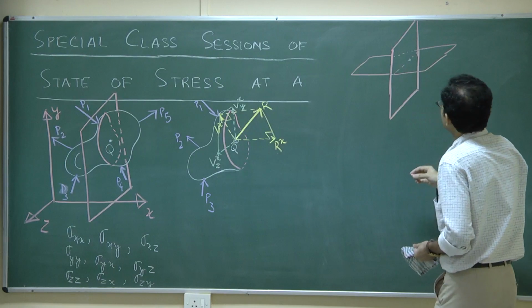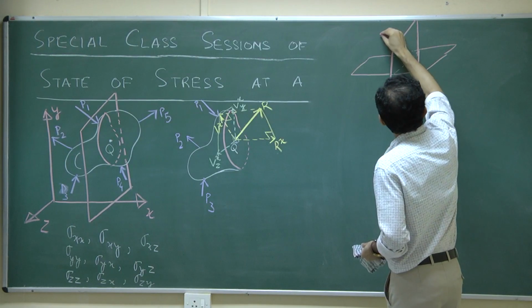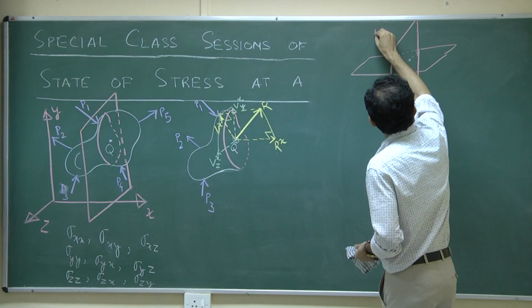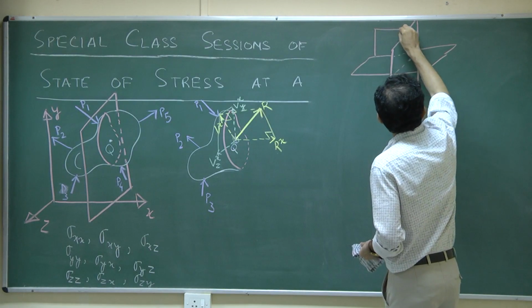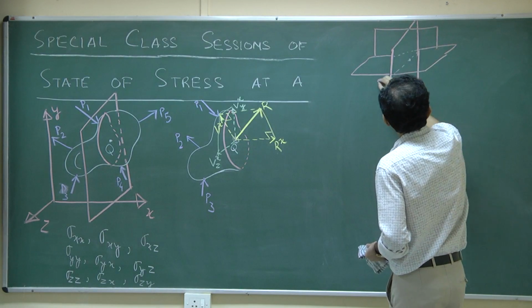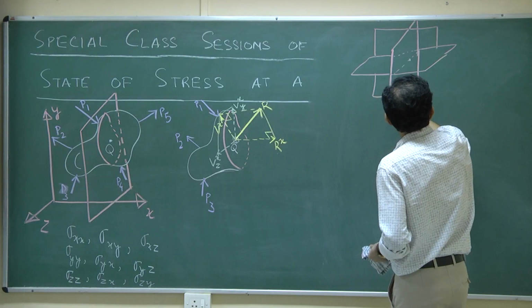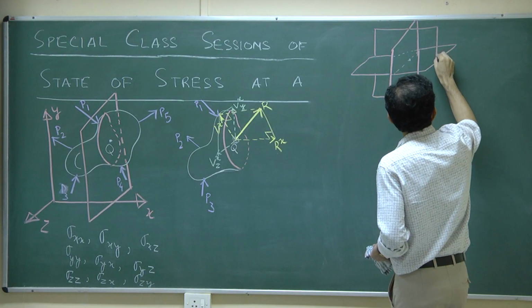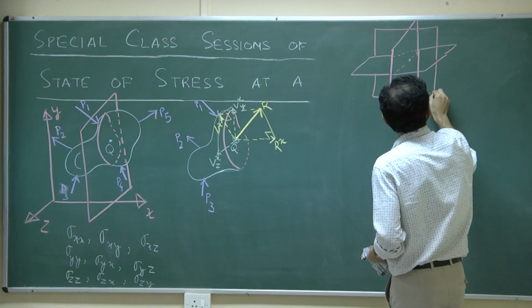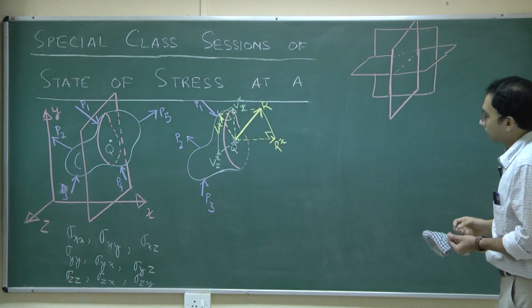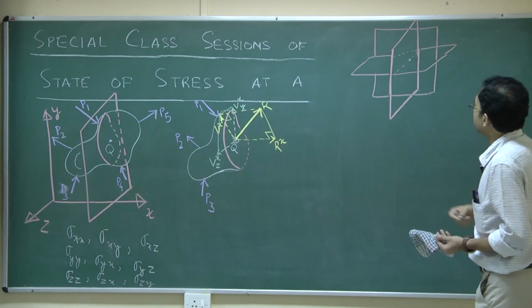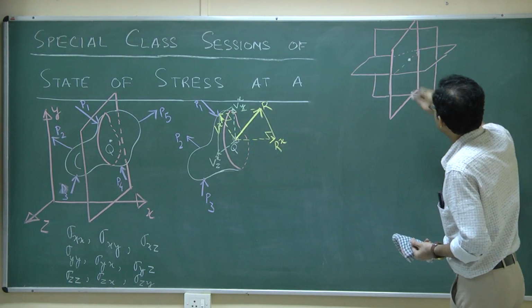And finally, if we take a plane which is parallel to the xy plane, it would look something like this. Now, note that all of these 3 planes pass through the point Q.